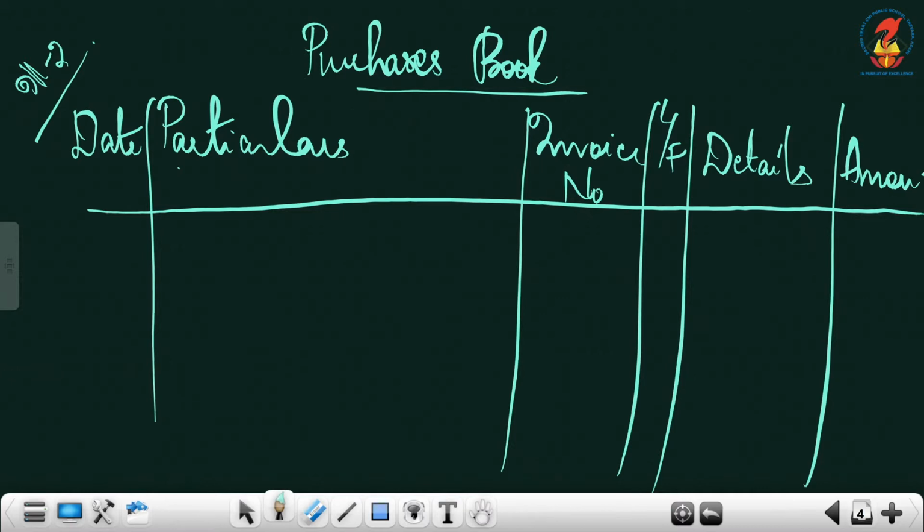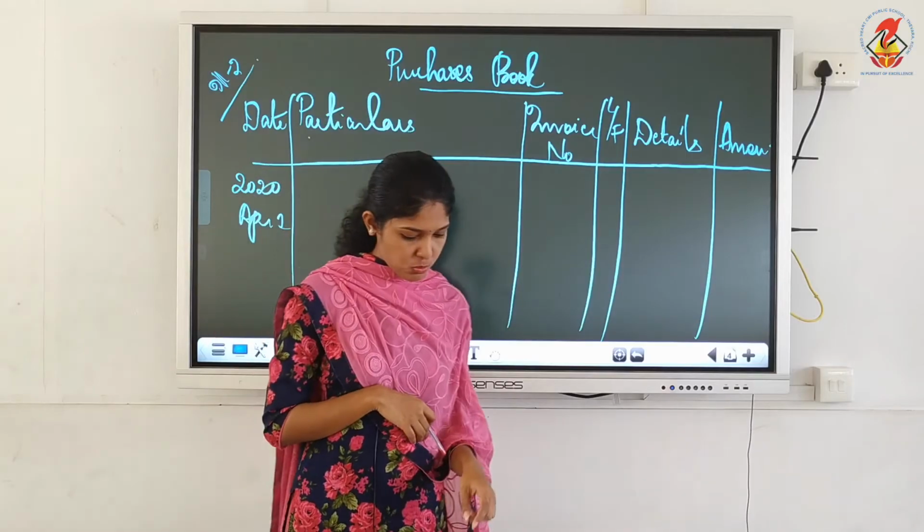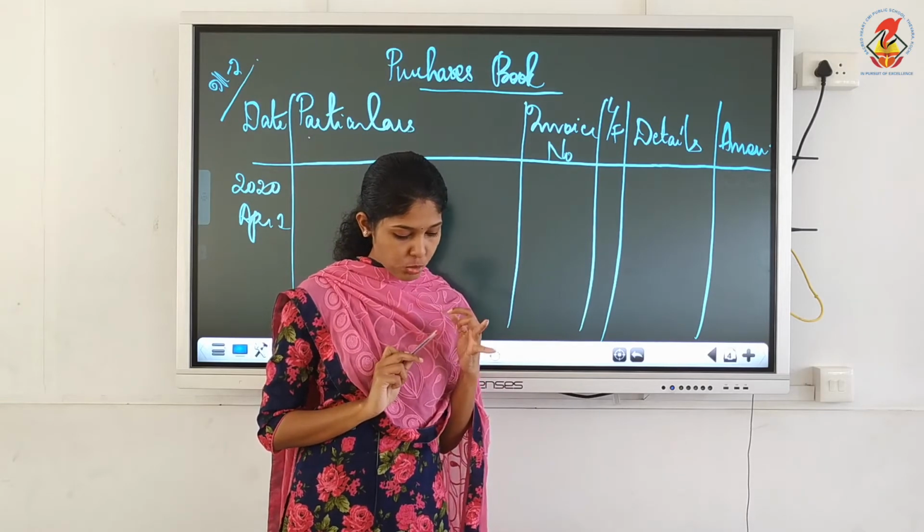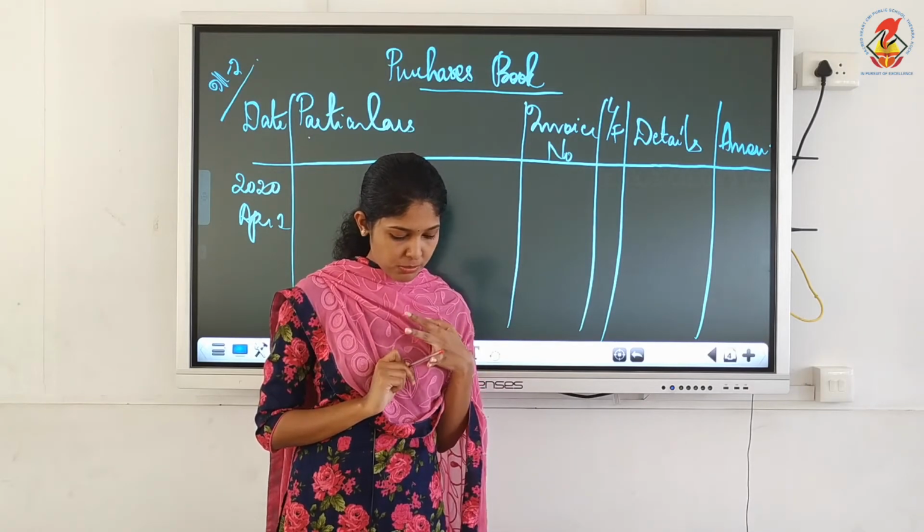The date is 2020 April 1st. Okay, see whether it can be recorded in this book. You purchase goods from Joshi Brothers, so it's on credit. The items you purchased are tube lights and Crompton bulbs.